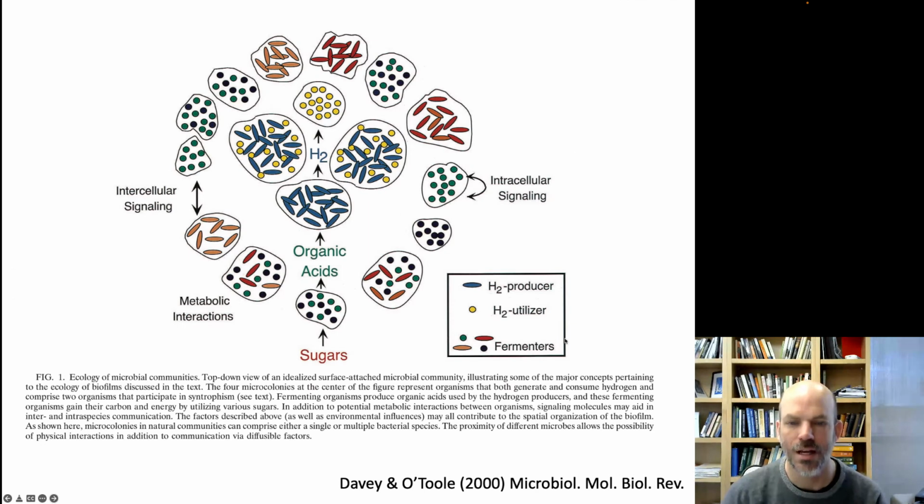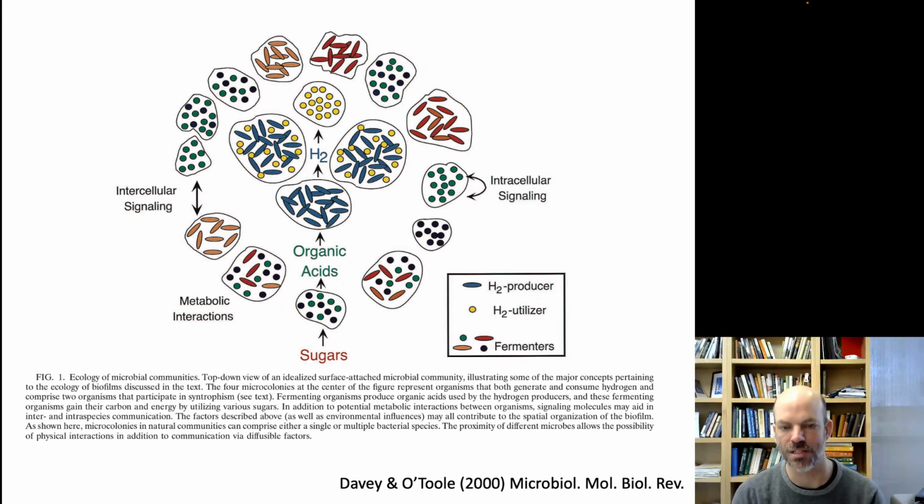I want to end with, again, highlighting this point that I'm making over and over again, that this is normal. This is how almost all bacterial and archaeal species exist in the world. They are in some kind of metabolic relationship with other species.